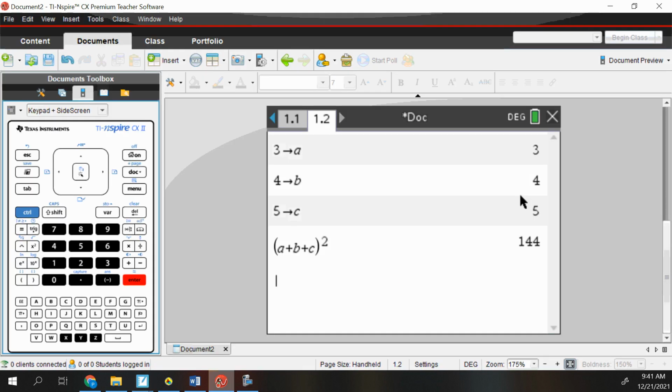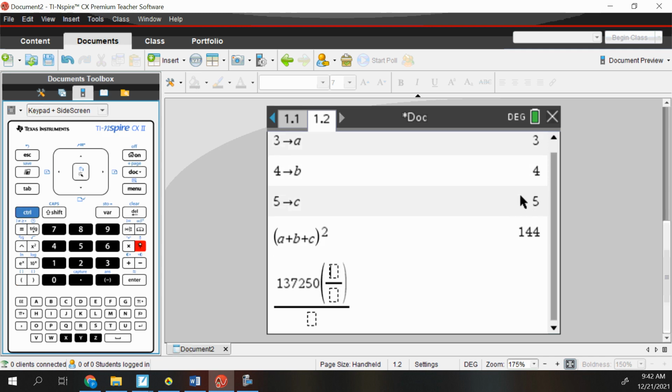So when you go to punch it in, start by doing a control divide to get the fraction template. We'll put in our 137250, and then parenthesis. Now we have a fraction, so do control divide to put in our fraction for the 0.036 over 12.